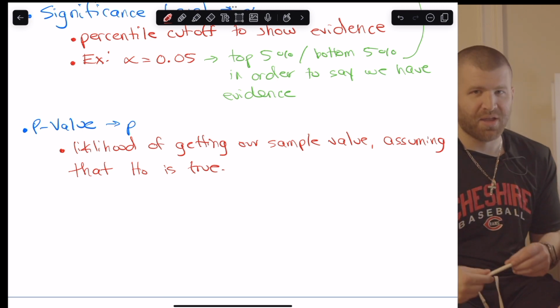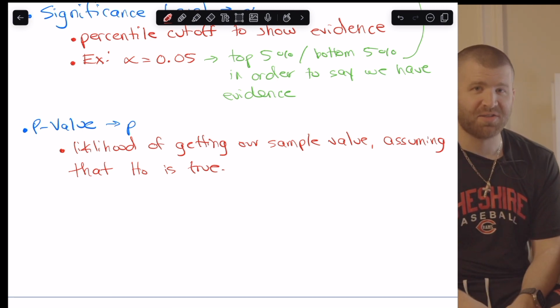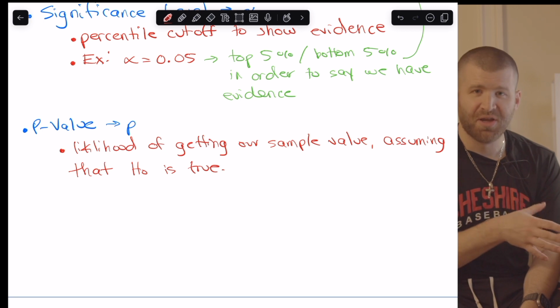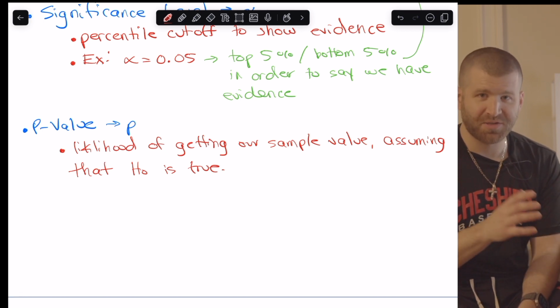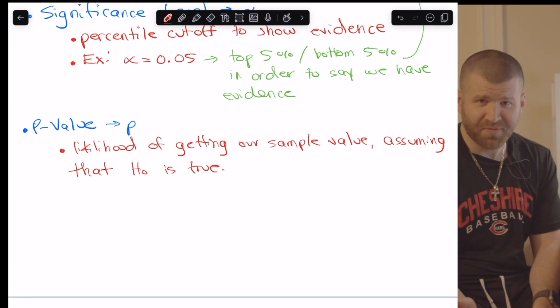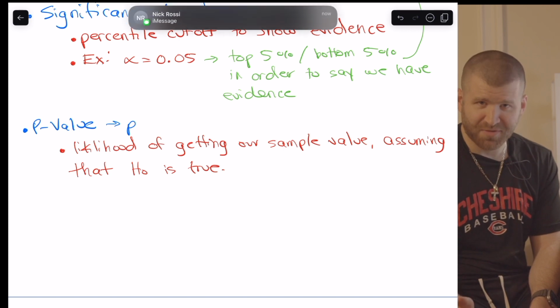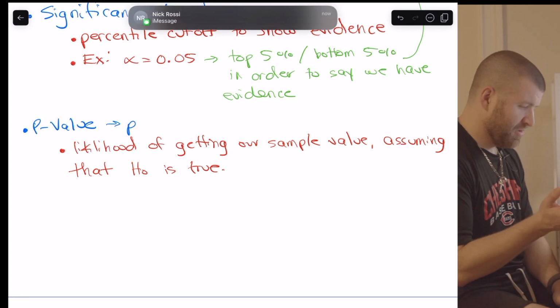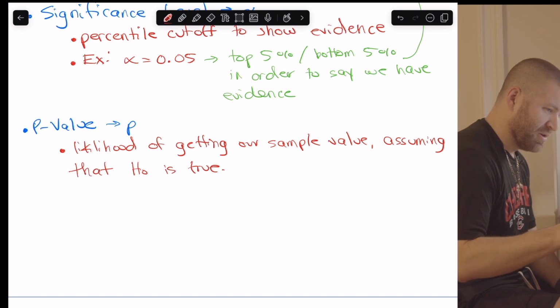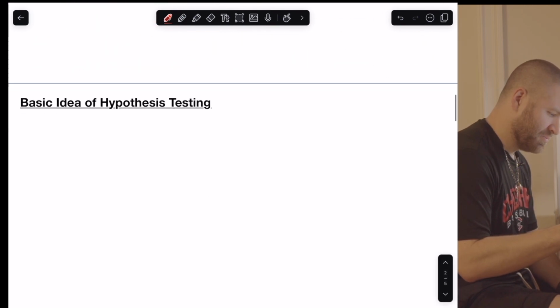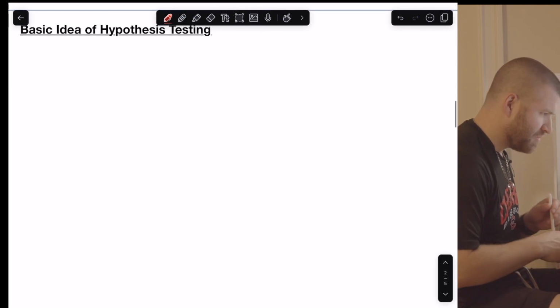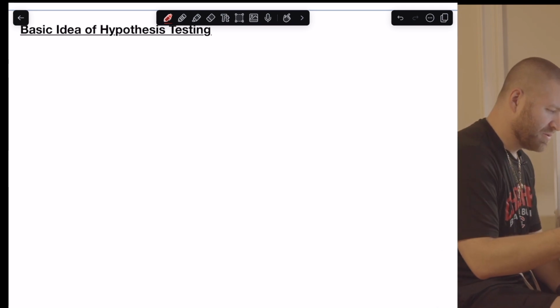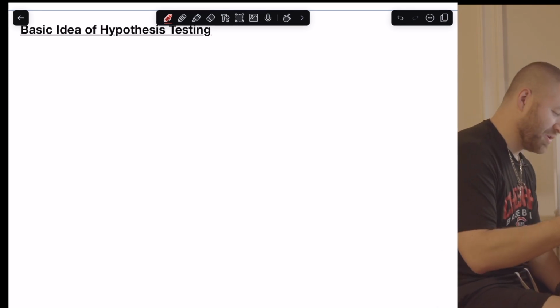So, again, everything in hypothesis testing now goes on this basis of whatever our initial claim is. That's something that we didn't have in confidence intervals, but we have now. So here is the basic idea of hypothesis testing, right? The basic idea of hypothesis testing is very simple.